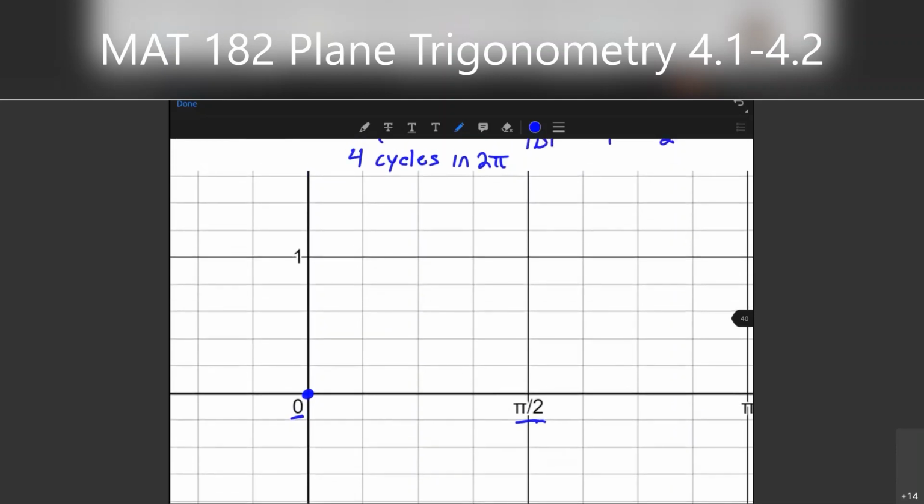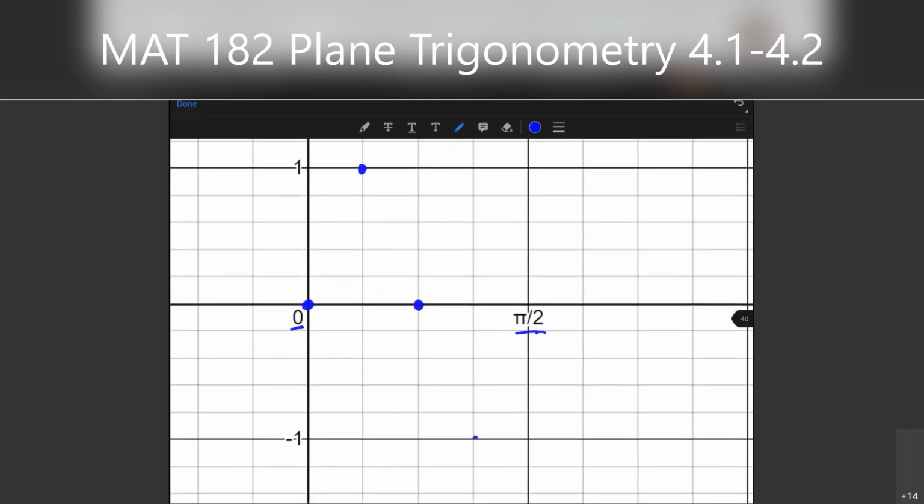So for this sine function over 0 to pi over 2, we would just start at 0. 1/4 of the way through, we'd be up at our amplitude. Halfway through, we'd be back down to 0. 3/4 of the way, we would go to -1. And then we'd be at pi over 2 to complete the cycle.